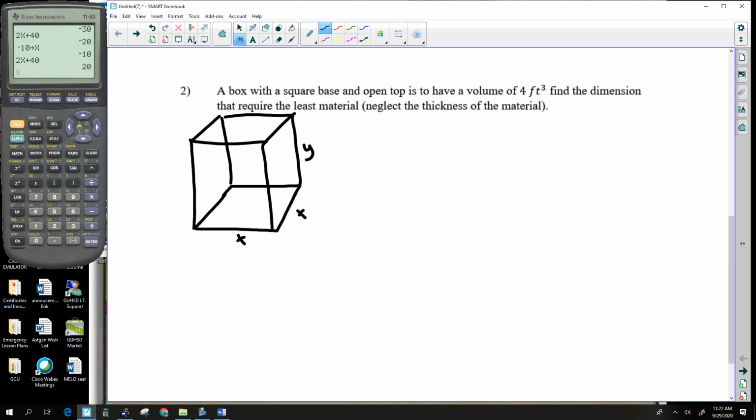And so the volume is base times height, which is 4 cubic feet. For the material used, there are the 4 sides, which are x times y, plus the very bottom, which is x squared, and that is the surface area.